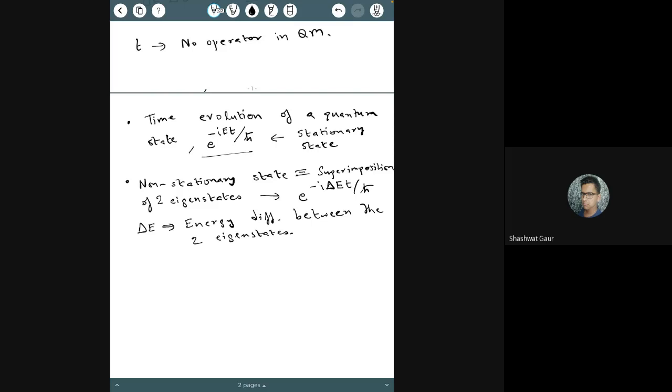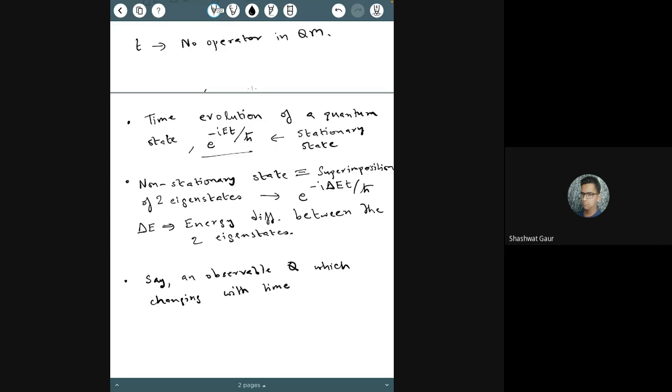So, for a general state, let's say I'm not talking about a stationary state. Say I am following some particular property of the system for a general quantum state, not a stationary state. Then I have an observable Q, which is changing with time.